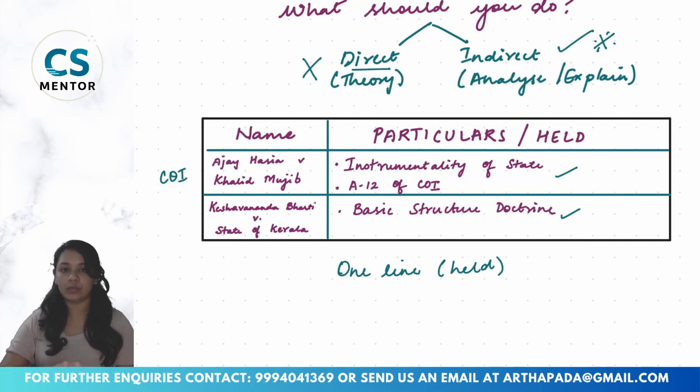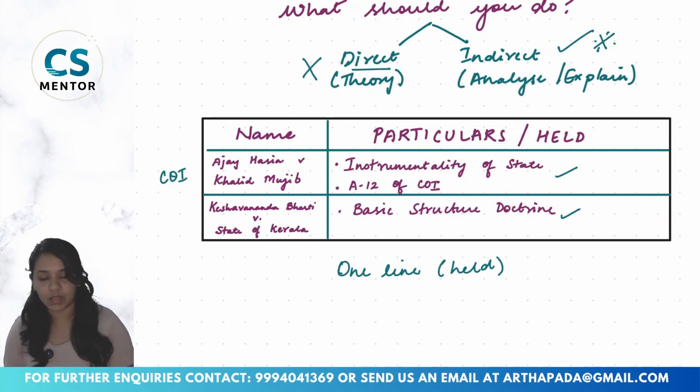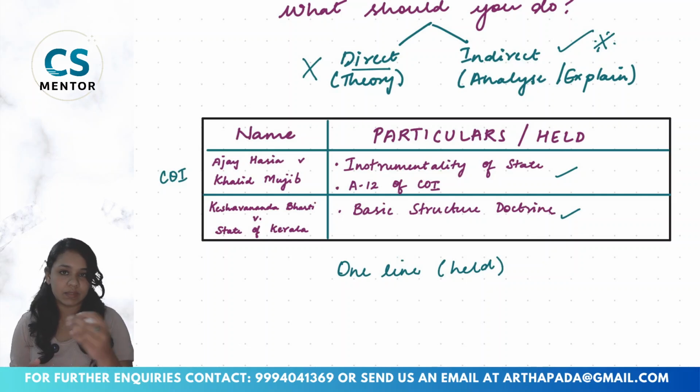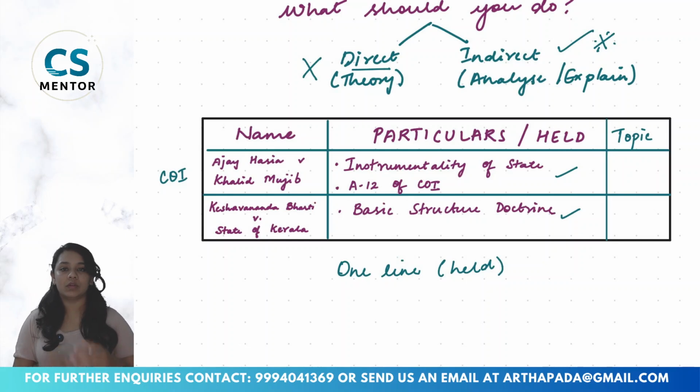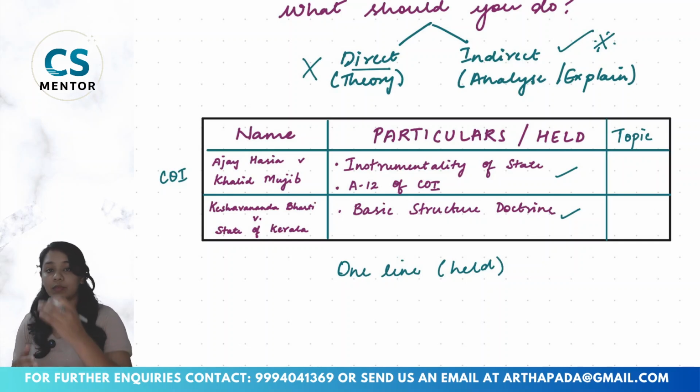Now, if you want to make it a little bit easier for you to study, make sure in between each chapter, insert the topic, or make a separate column and write topic. The topic can help you determine how many case laws are there under each, and you can study a minimum of 2 case laws also, and it should be more than enough.